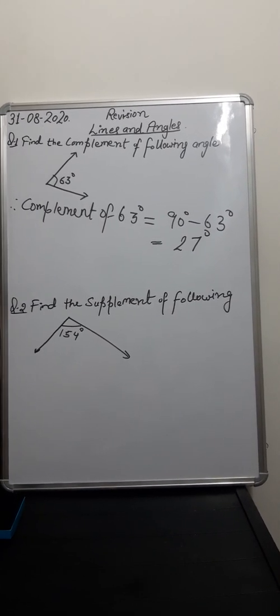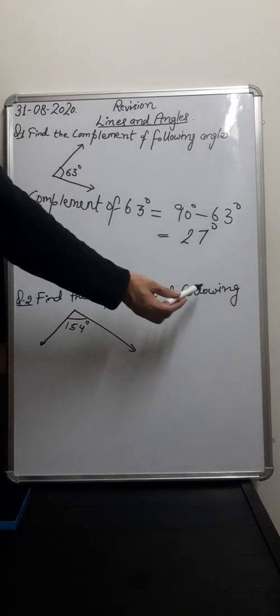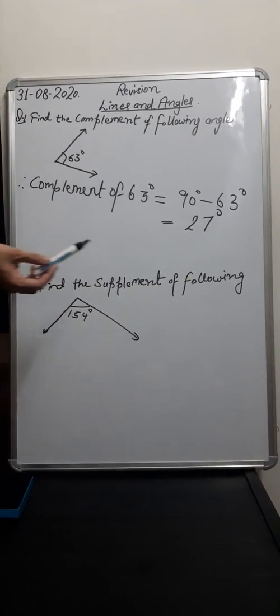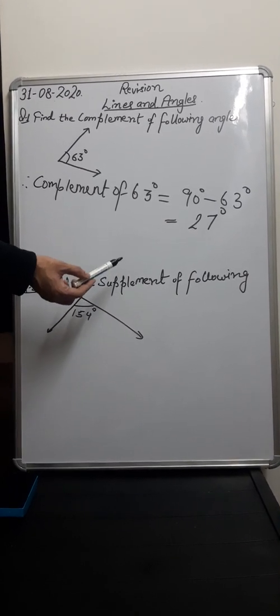Now question number 2 is: find the supplement of the following angle. Whenever we are asked to find a supplement, you have to subtract from 180 degrees.